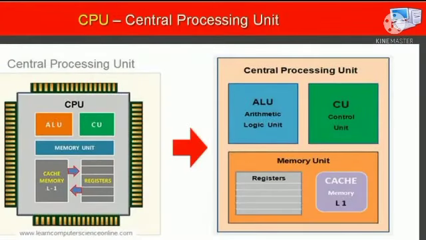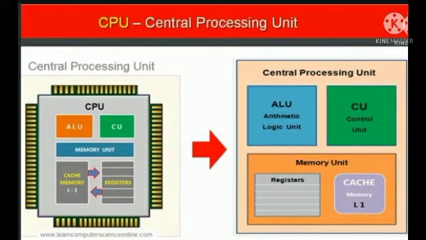The control unit controls all the operations and all the other devices which are connected to it. Next is the memory unit inside the central processing unit. The CPU includes a memory unit that consists of the registers and the cache memory. The registers and the cache memory help to make the processing faster, and they also help to store the data during the execution of particular instructions.